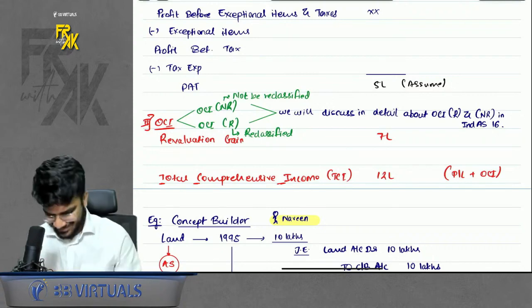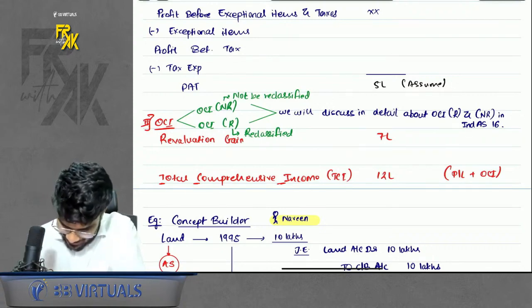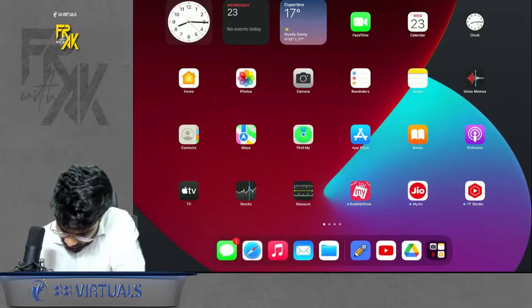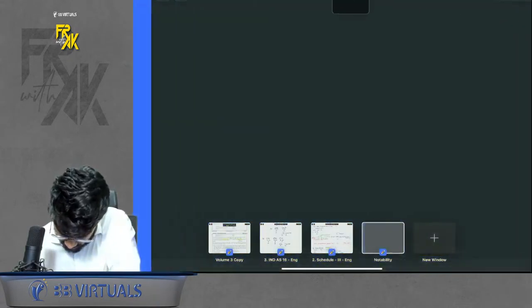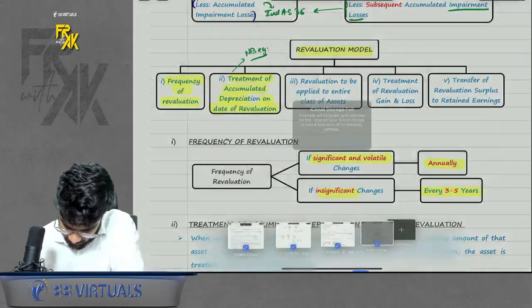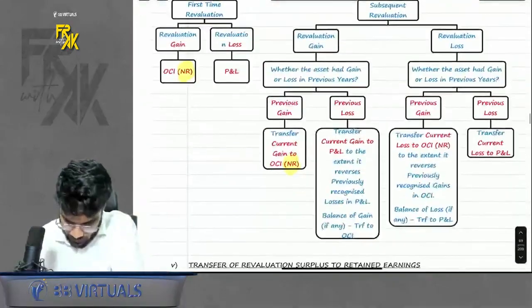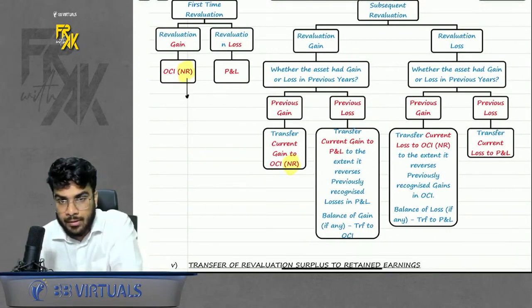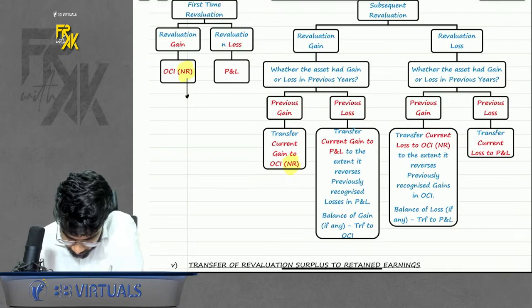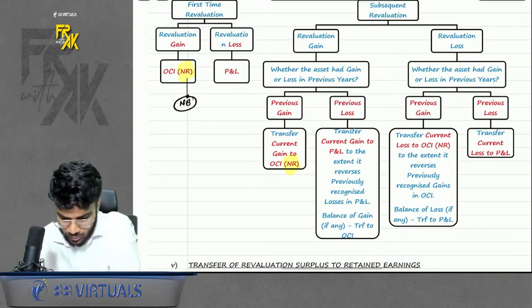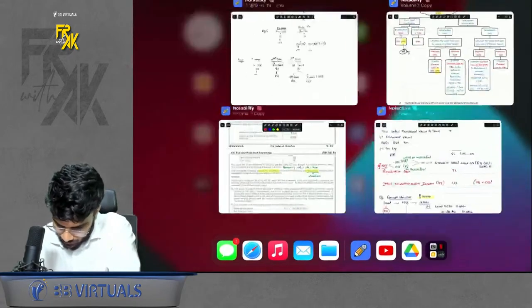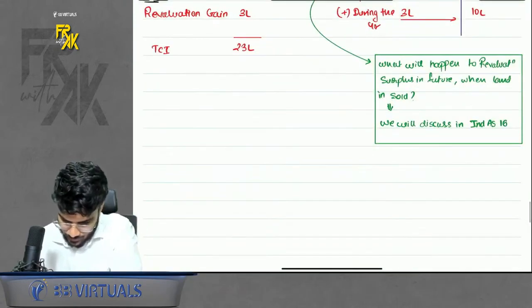Are you ready, guys? Okay. So let's discuss this R and NR. Where NR is written, just pull an arrow down and write that we will discuss one example in the notebook. What is the difference between R and NR?